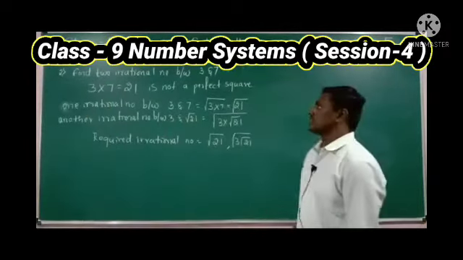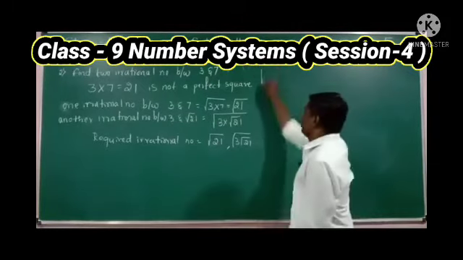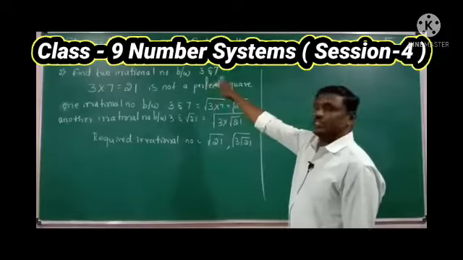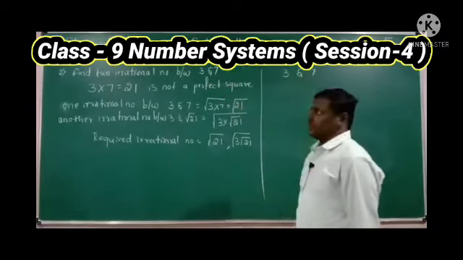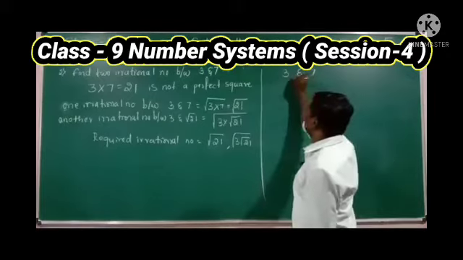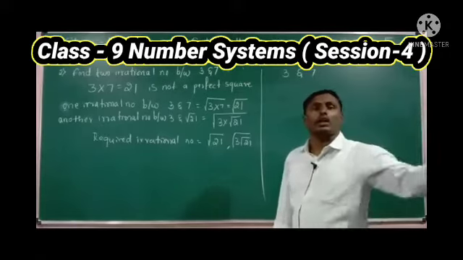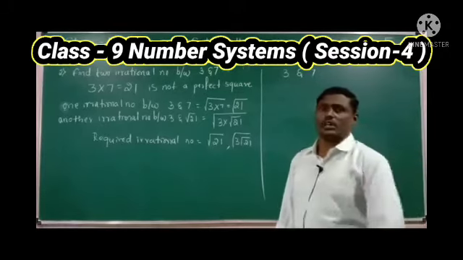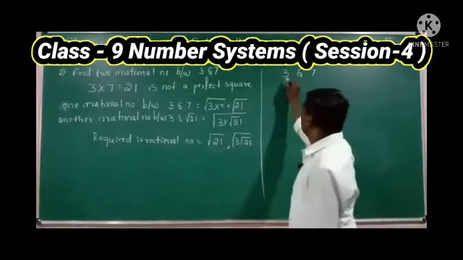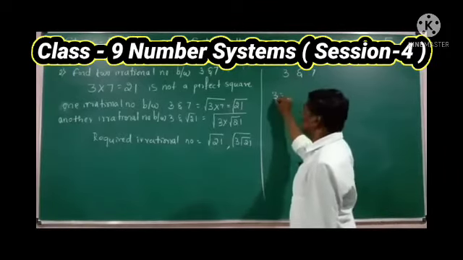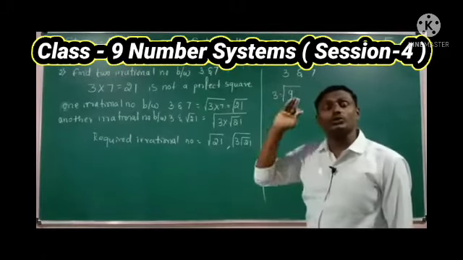One more method is there for finding the irrational numbers between any two given numbers. Consider the same question. What are the two given numbers? 3 and 7. Right? So 3 and 7 are the two given numbers. For these numbers, we need to write at least two irrational numbers. So the square of 3 is 9, which means 3 is equal to square root of 9.